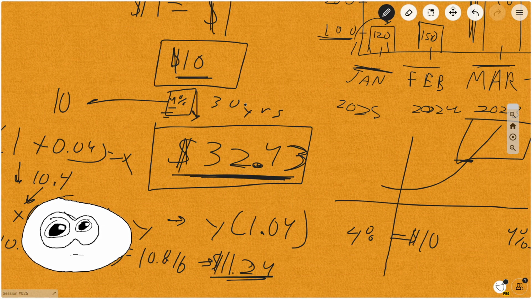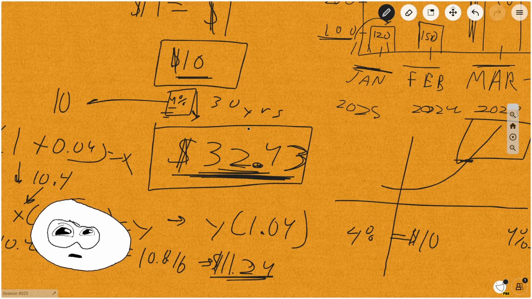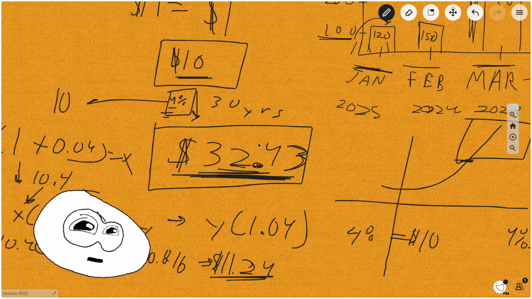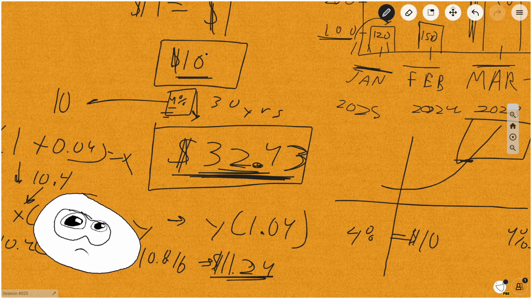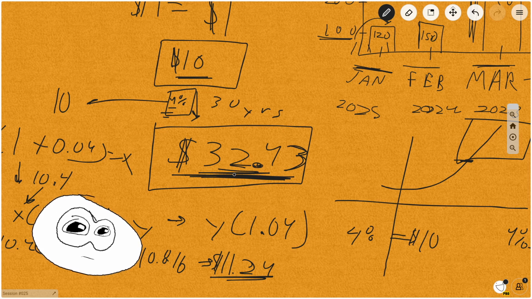But basically, you could think of it like, okay, 30 years at 4%, you basically tripled your money, right? So if 10 becomes 32, then maybe 1,000 becomes 3,200. Just assuming, because I'm just scooting the zeros, but the formula's still the same. So then 10,000 would be 32,430 something.